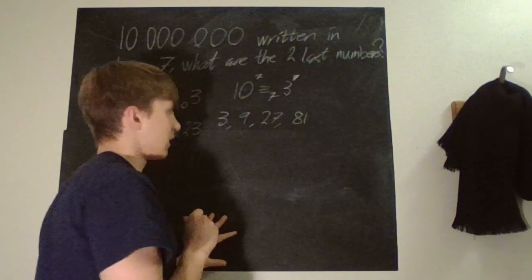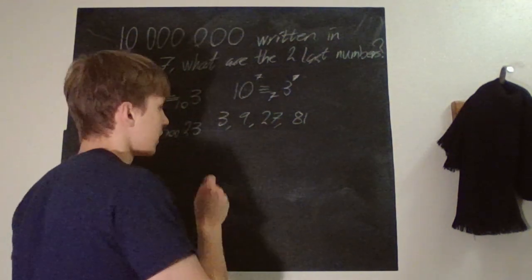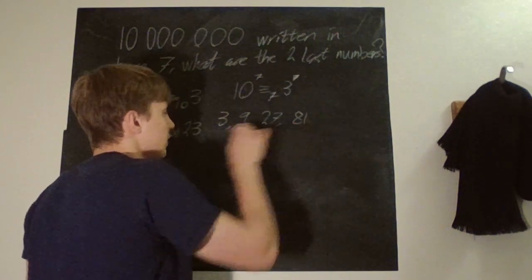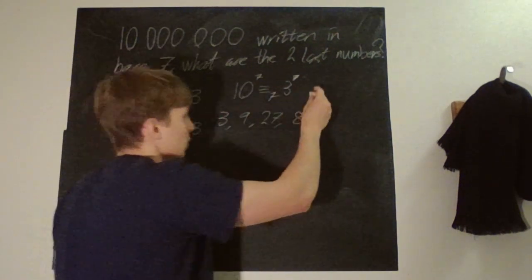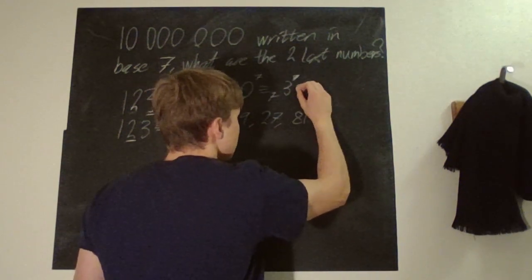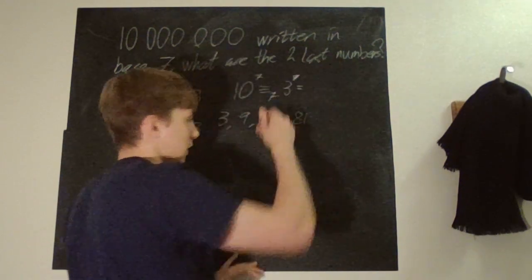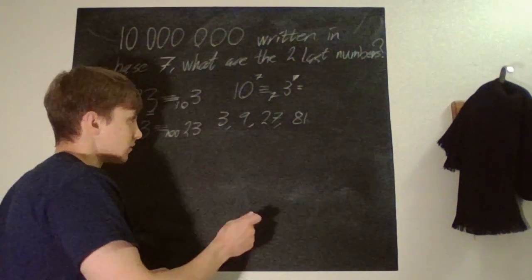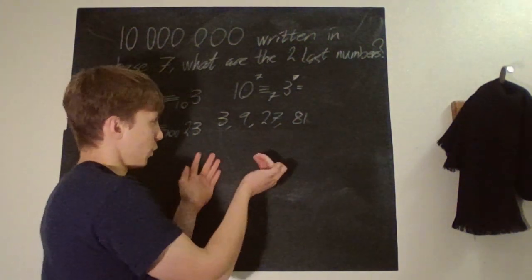We should separate it as something times something, 3 to the power of 1 times 3 to the power of 6, to make this easier.